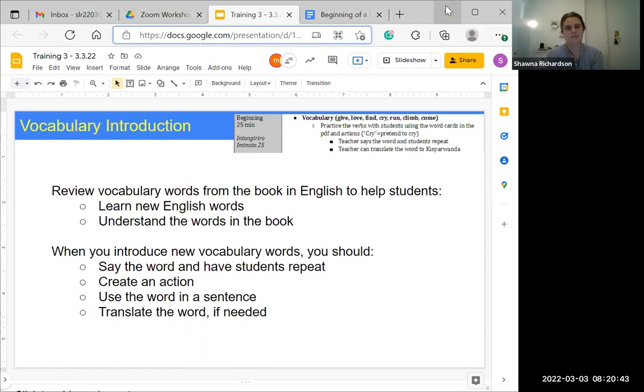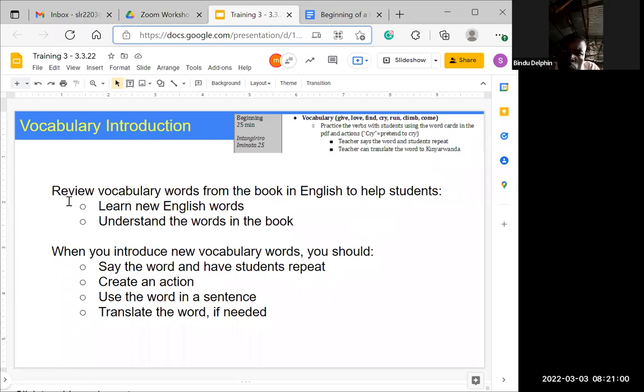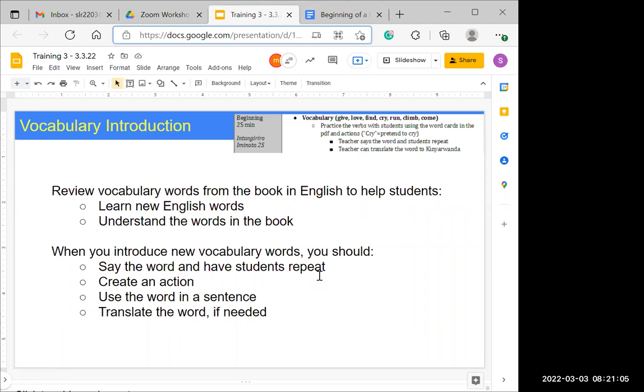The reason why we need to use vocabulary in the first part of the lesson is this. When you are going to read the storybook for your children, they don't know about the story.